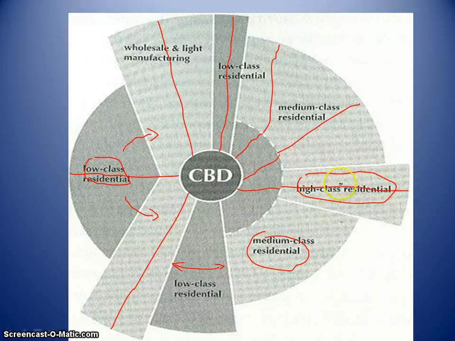Again, I talked about in the concentric zone model that the upper class individuals want to create separation from themselves in order to protect their property values, protect their communities and schools from the stigma of the urban poor and things along those lines. So that helps to reflect that particular concept. And of course, those who are going to be closest to the high class are going to be those who are medium classes. Of course, the middle class are looking to get away from the impoverished areas as well.